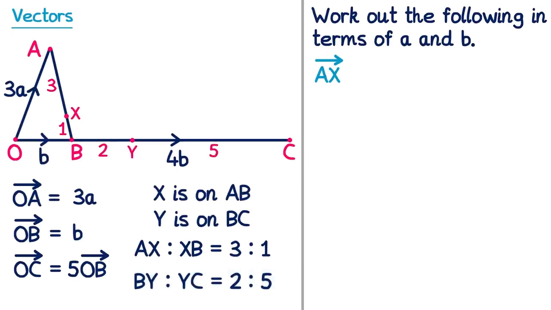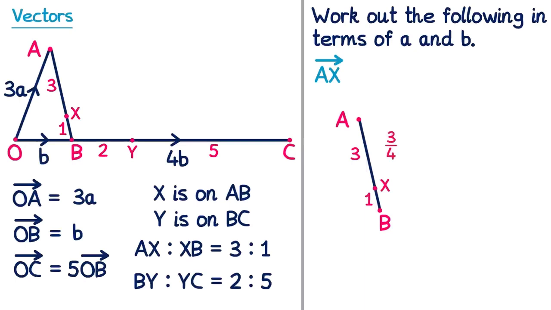We're trying to find the vector from A to X. Let's take a closer look at the line AB. So we wrote down that X was a point on this line, so we end up with these ratios, 3 to 1. Now if this line has 4 parts of the ratio in total, from A to X is 3 of those parts, so it represents 3/4 of the line.